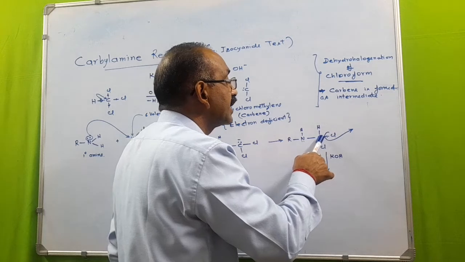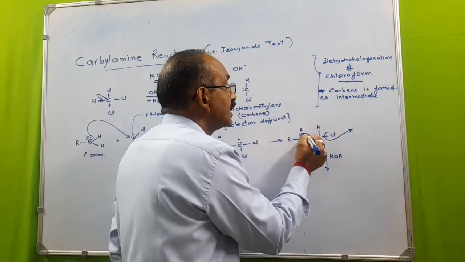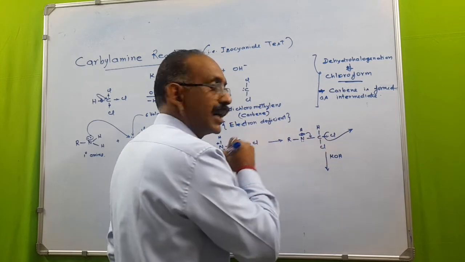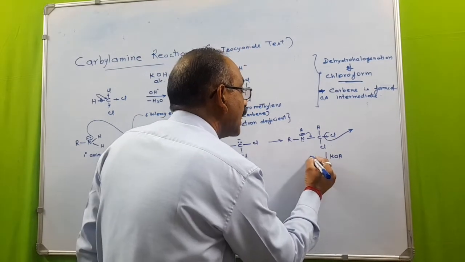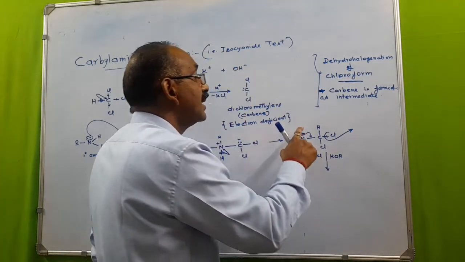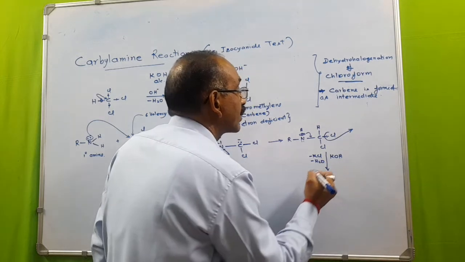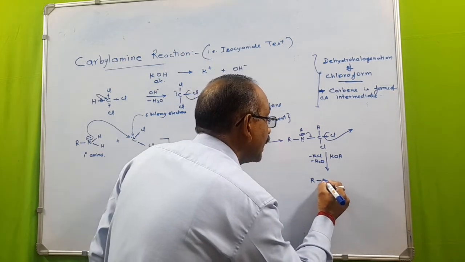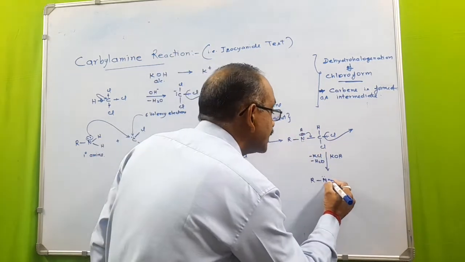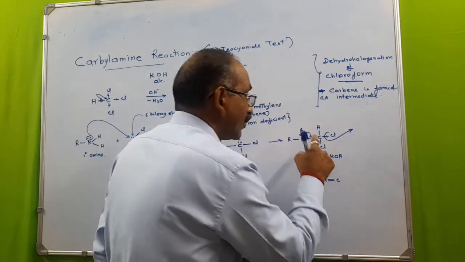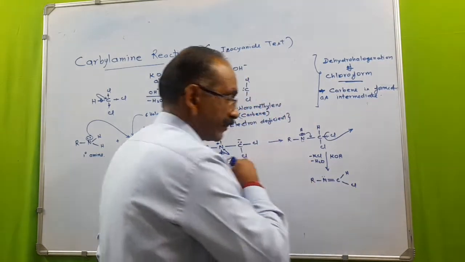In order to compensate the positive charge of the carbon, the electron pair of this NH bond shifted between the nitrogen and carbon. Now the Cl minus combines with the K plus and sets free as KCl, and the H plus comes out with the OH minus in the form of water, and here we will get RN. Now as the electron pair of the NH bond shifted between the N and C, a double bond will form here, and over this carbon now there will be one hydrogen and one chlorine. Is it clear?